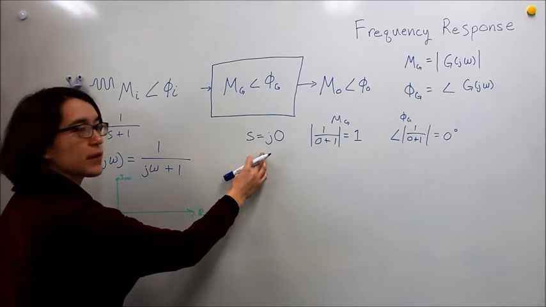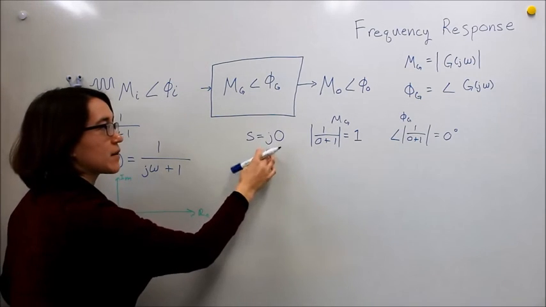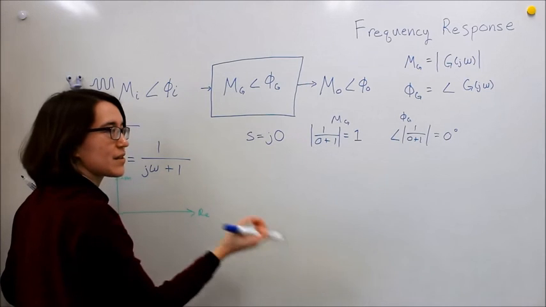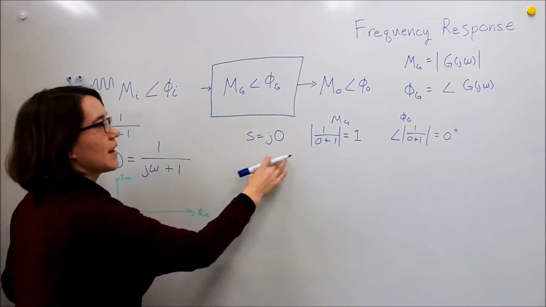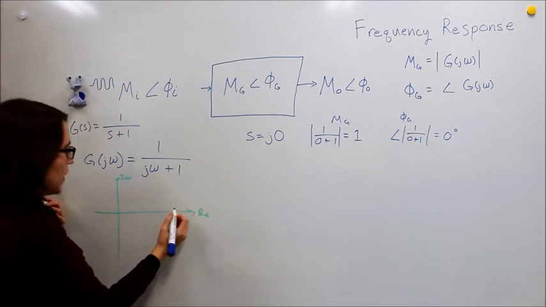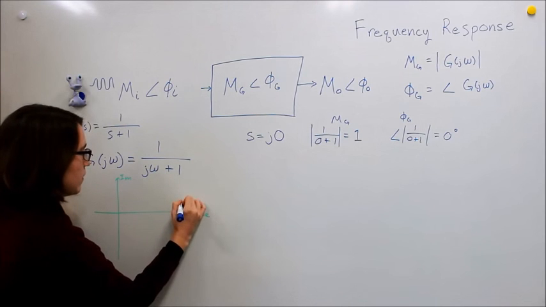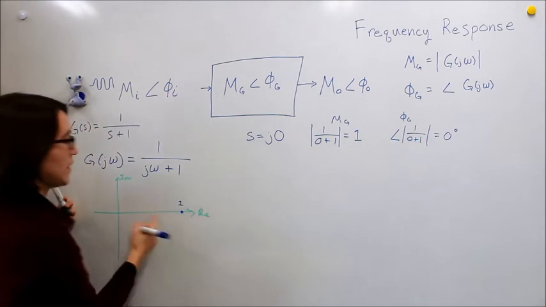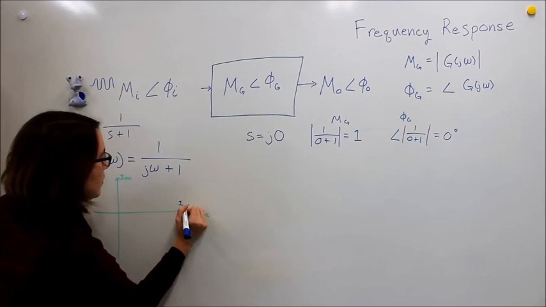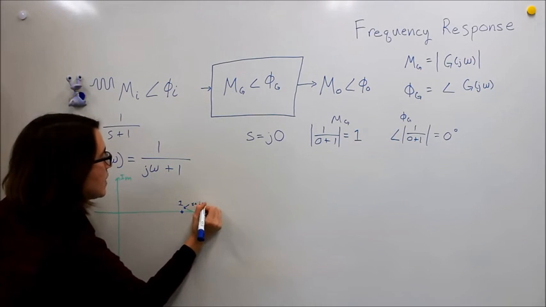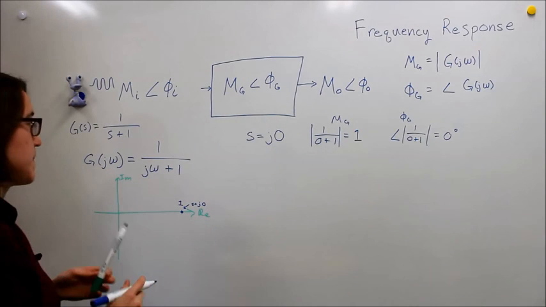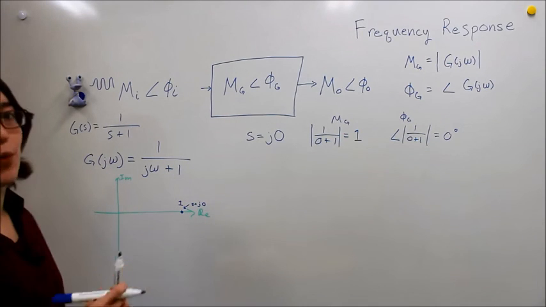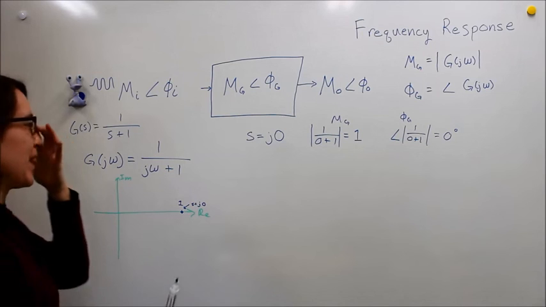So our first point that we can plot, for s equals j0, essentially DC, no frequency, would be a magnitude of 1. We're going to put it over here. This is a magnitude of 1 and 0 angle, so that would be this point. This is s equals j times 0.